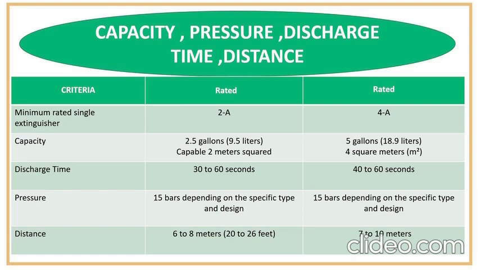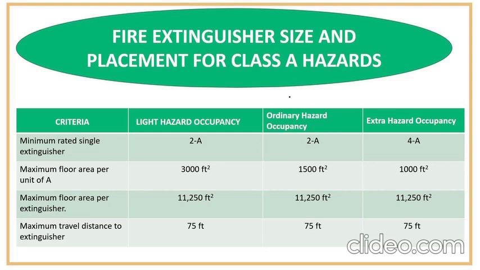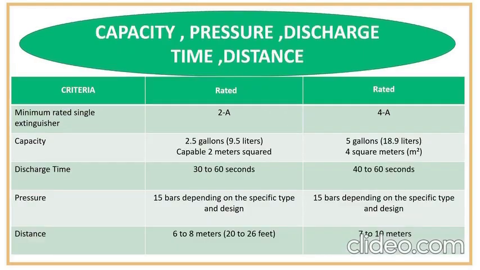So, criteria and rating. I have been taking the 2 rated and 4 rated extinguishers from this table for understanding. The capacity of the 2 rated extinguisher is usually 9.5 liter, which is capable of covering a 2 square meter area fire, and discharge time is up to 60 seconds.